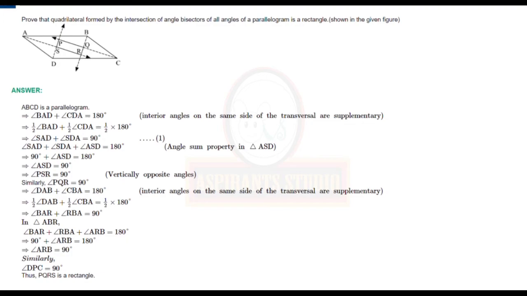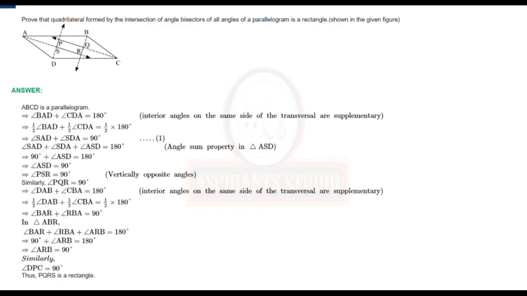Now take measure of angle CBA. Ray BR is the angle bisector. So half of angle CBA will become measure of angle RBA. I am taking this angle RBA. So we get it to be equal to half into 180 degrees, that means 90 degrees.